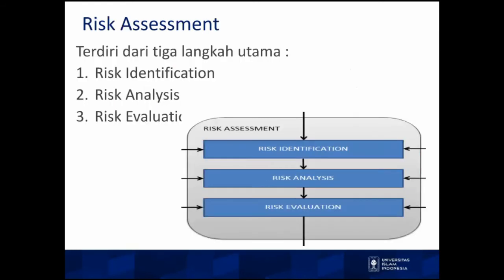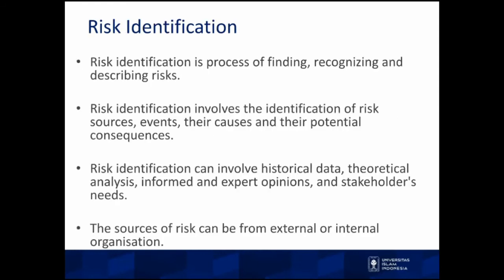Okay, I will focus on the process of risk assessment actually in the middle. So there are three main steps of risk assessment, which are risk identification, risk analysis, and risk evaluation. So risk identification is actually the process of finding, recognizing, and describing the risk.